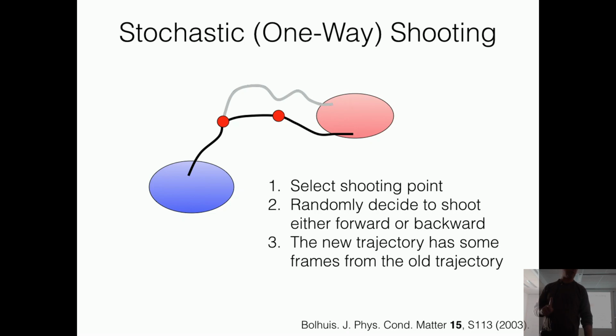This time I'll go backward. There we have it. We have a trajectory now that has no frames in common with the initial trajectory. In one-way shooting, we refer to these as decorrelated trajectories. That does not mean that they are fully decorrelated in the sense that they're far from each other in space. It means that they have no frames in common, which is sort of a minimal decorrelation.